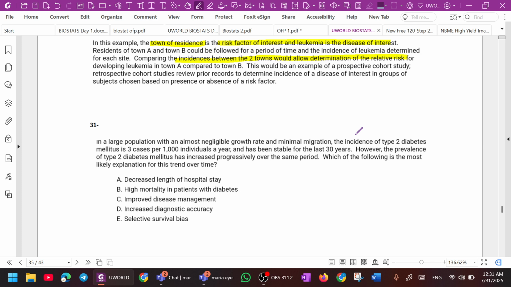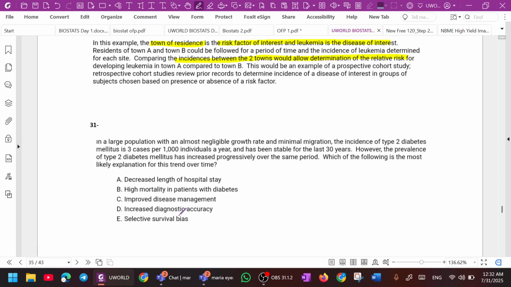And increased diagnostic accuracy will not increase the prevalence. Why? It can also increase the prevalence. Okay, why is it not?